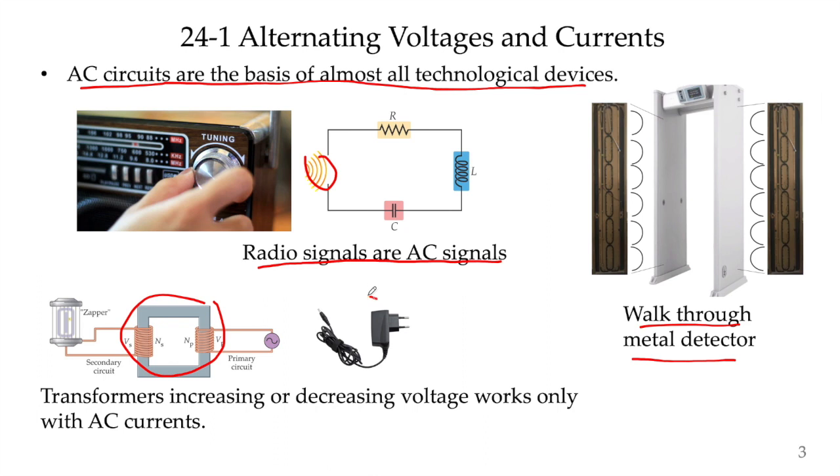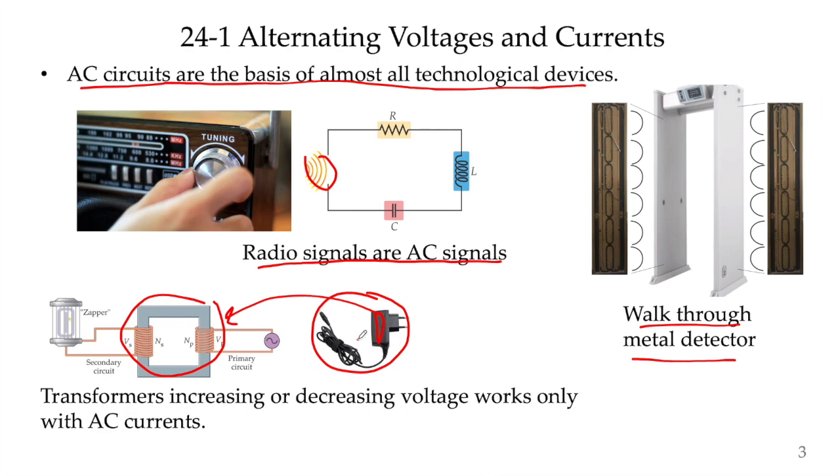So you have to use an adapter that would decrease the voltage from 220 to 4 volts. Inside it there's a small transformer just like this one. But these transformers work with AC currents, not DC currents. So again, AC currents are useful because you can actually change the voltage and the current by using transformers.